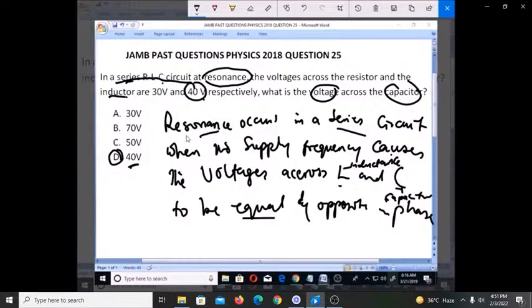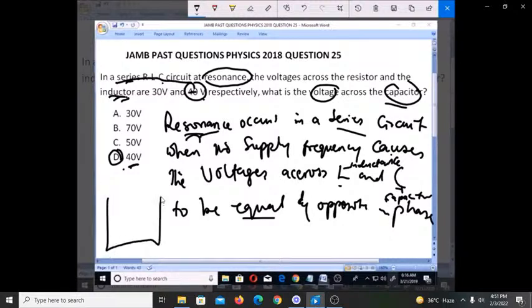Whenever there is this phenomenon called resonance, the voltage across the capacitor and that across the inductor should be the same. They should be equal. So since the voltage on the inductor is 40, that of the capacitor is also 40. So that makes D the correct answer.